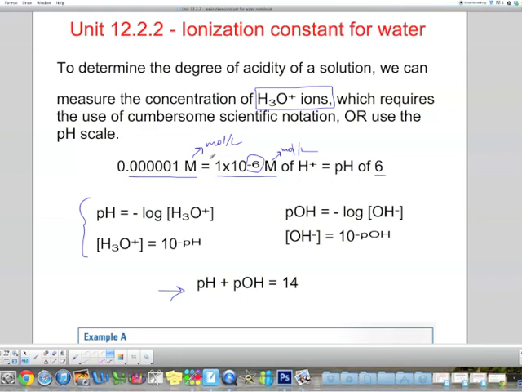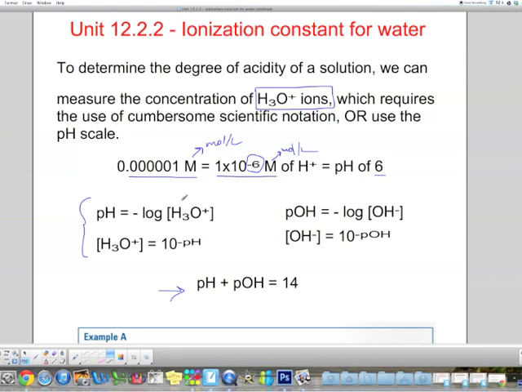Now, it's all nice when I have 1 times 10 to the something, but if I don't have this type of concentration, then I have to work with these equations in order to go back and forth between pH and pOH and so on and so forth. Now, considering that the pH is directly linked to the concentration of H plus or H3O plus ions, basically they're interchangeable.